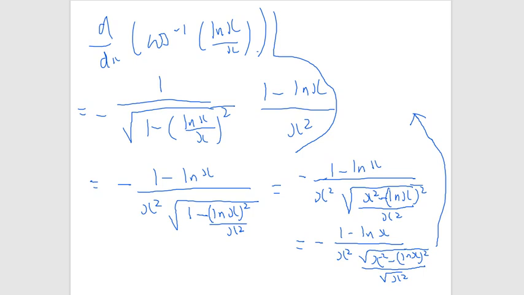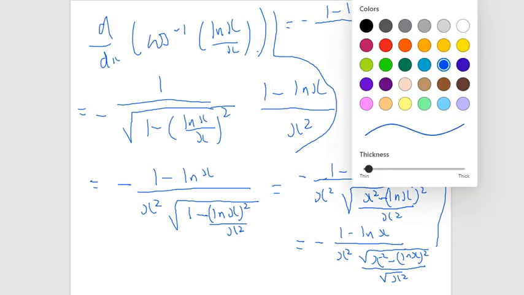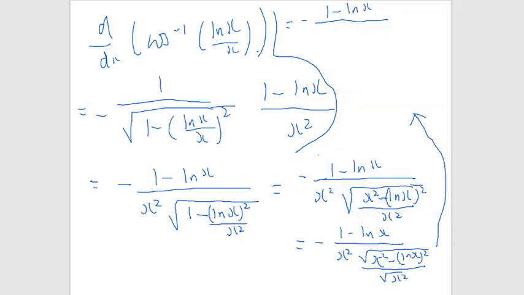There's a minus sign, and 1 minus ln x over, the square root of x squared gives you x. So x squared and x cancel, giving you x. So we are left with x times the square root of x squared minus ln x whole thing squared.